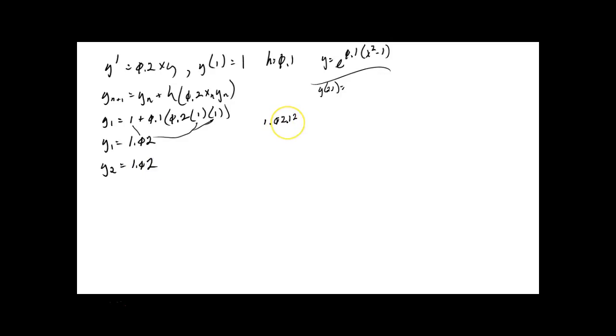We can't go back and use that one because you're not supposed to be able to know that. Plus 0.1, that's your increment, times 0.2, that was part of the problem. Now your x is 1.1, that was the previous x, and your previous y was 1.02. That's what we're using there.